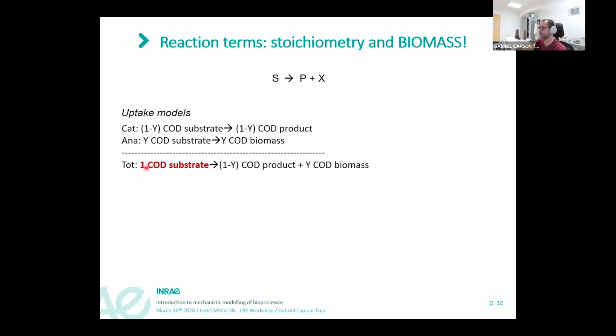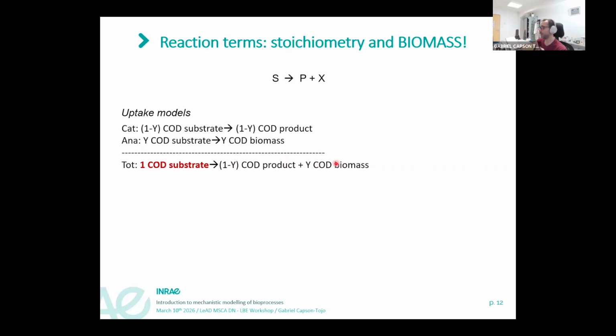Out of this 1 gram of substrate, a fraction that we're going to call Y, the biomass yield, is the amount of biomass that you can make out of 1 gram of substrate. So a part of this gram of COD is going to become biomass, and the rest, 1 minus Y, is going to become the product. If I go back to the analogy of acetate and biomass, 1 gram COD of glucose is going to make Y grams of COD biomass, depending on this stoichiometric coefficient that we call the yield, and the rest is going to become acetate.